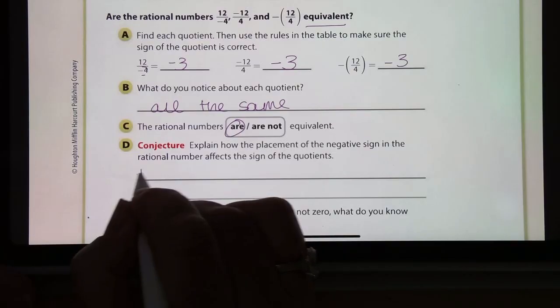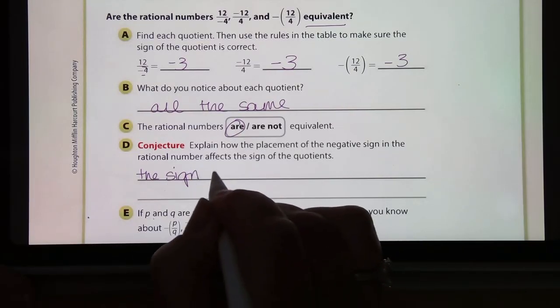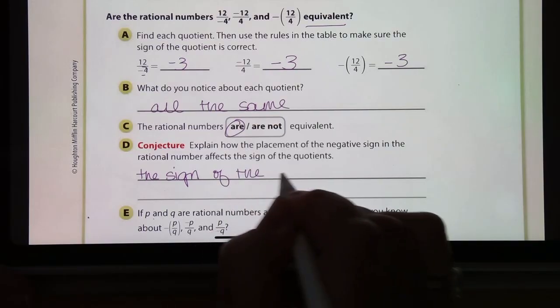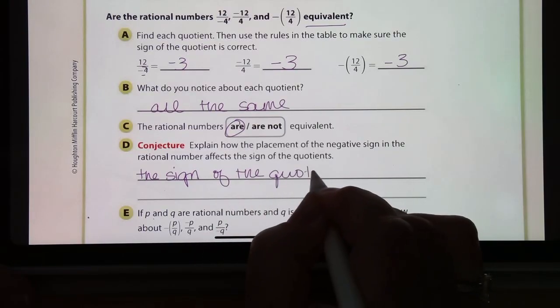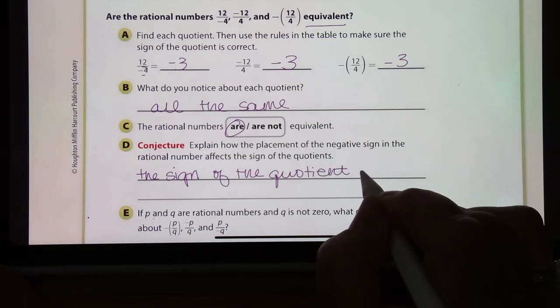The sign of the quotient is not affected by the placement.